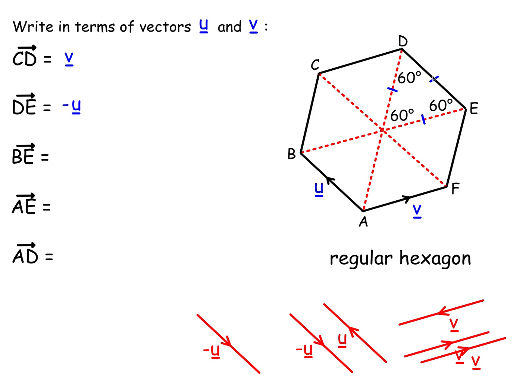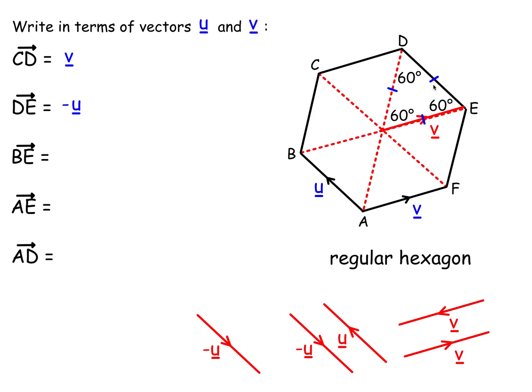Since the 3 sides are equal, this line from the centre to E must be the same as from A to F, same size, it's going in the same direction. In other words, that is vector V.